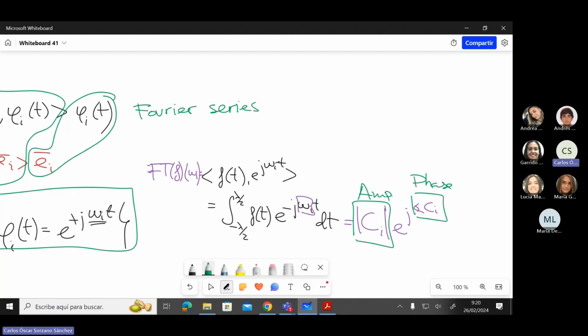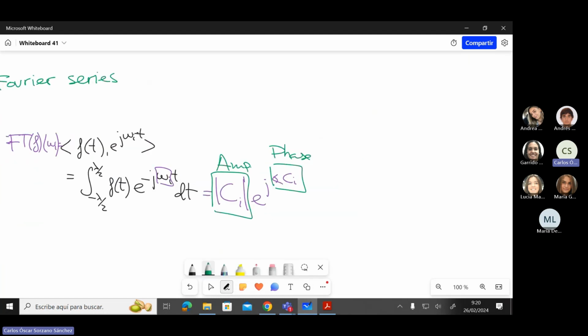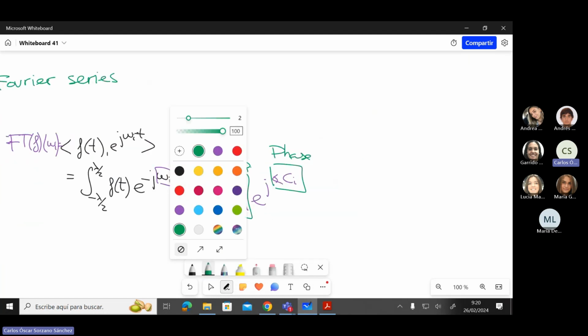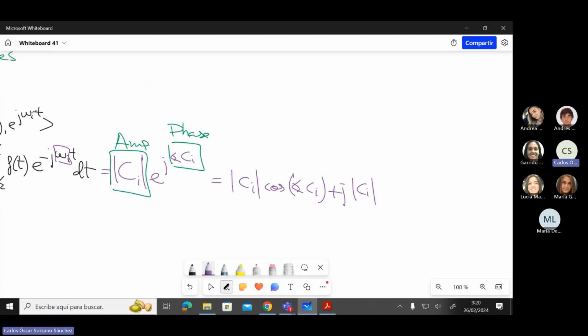And if you want, you can also write this thing this way. That is this one. So you have Ci cosine of the angle of Ci plus i times Ci sine of the angle of Ci.